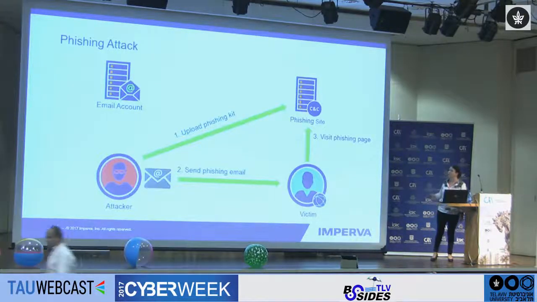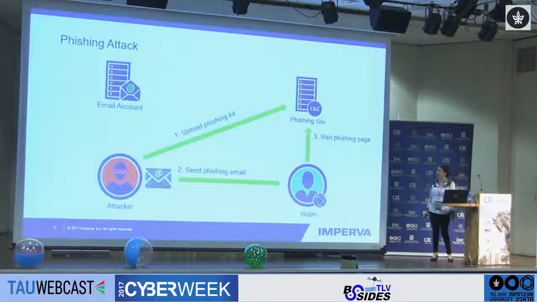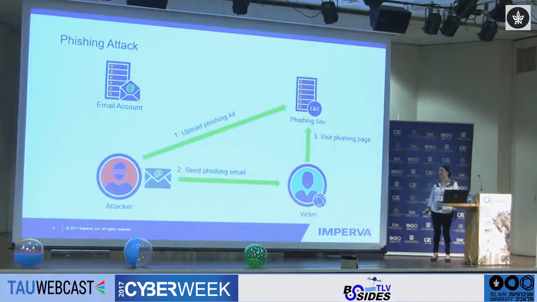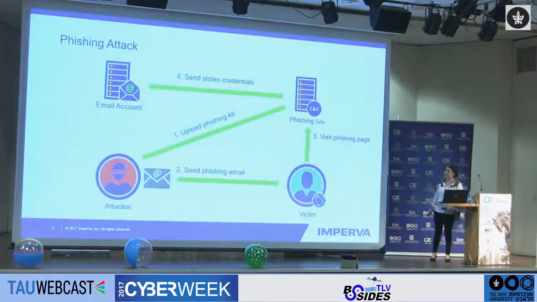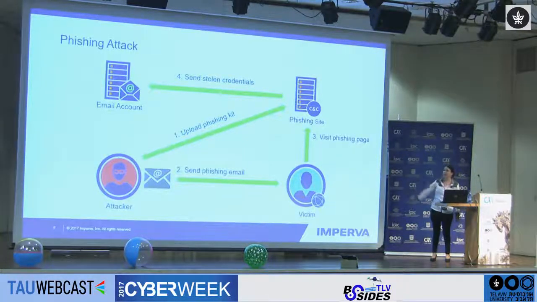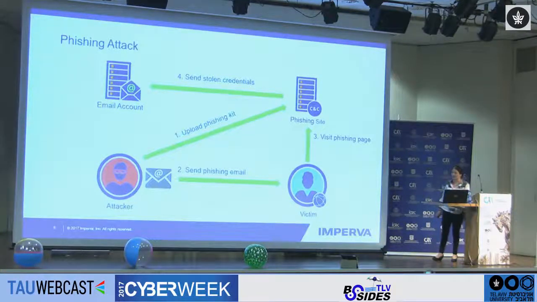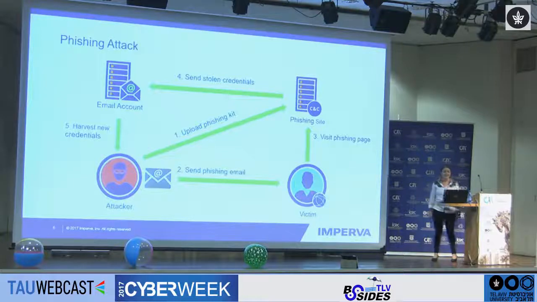The victims who fall into the phishing trap visit phishing pages and enter their credentials, and then the phishing kit processes the credentials and sends them to an external email account of the attacker. Finally, the attacker accesses the email account and harvests the new credentials he obtained.